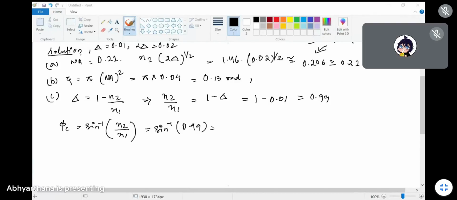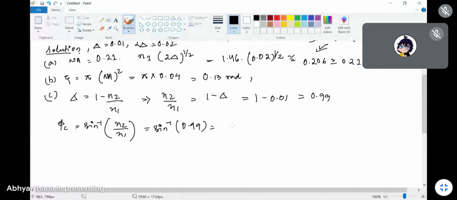Okay, 81.89. Now remember, when you get 81.89 or 81.88 degrees, since you're engineering students, I request you to please get it approximated to 81.9 degrees. See, the approximation is usually done based on what value you are getting. For example, over here it was 0.206.